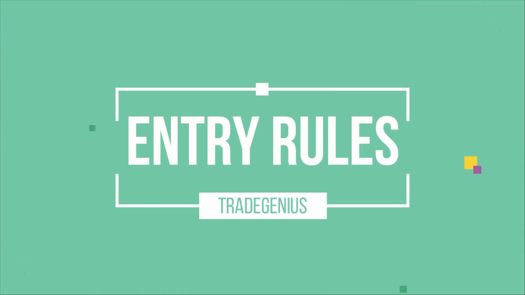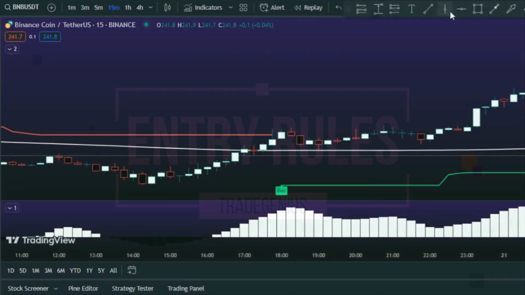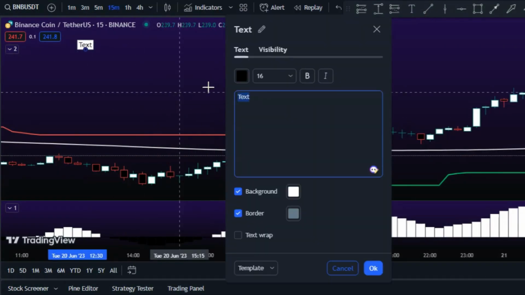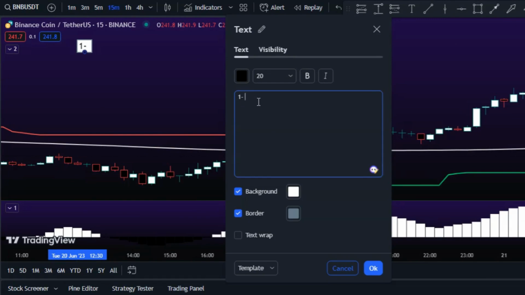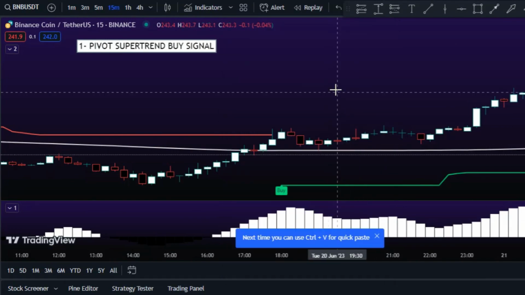So here are the rules to enter trades. To enter long trades, all three of the following conditions must be met. The pivot point super trend indicator must issue a buy signal, meaning the indicator line turns green and crosses below the candlesticks.